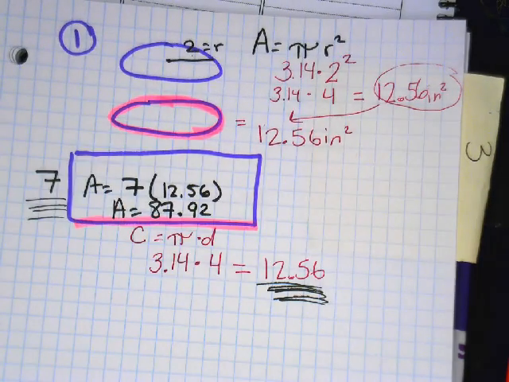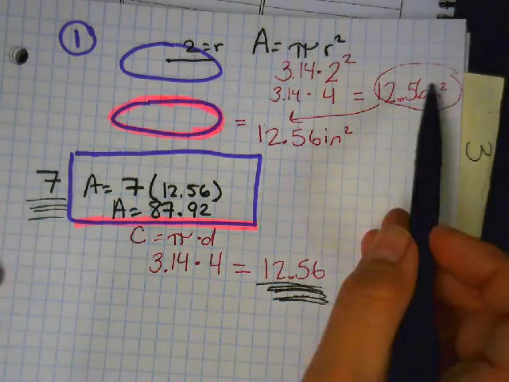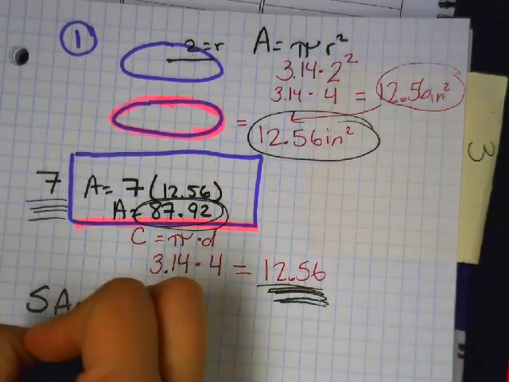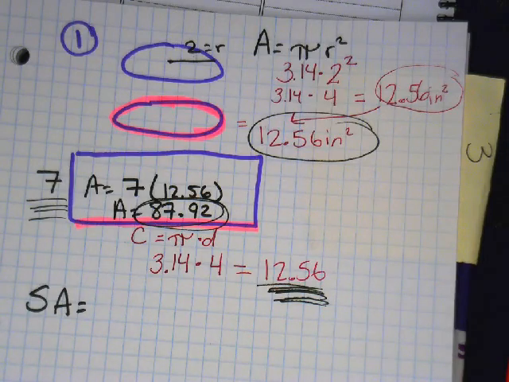Okay. Now you can add this plus this plus this. And that will give you your surface area.